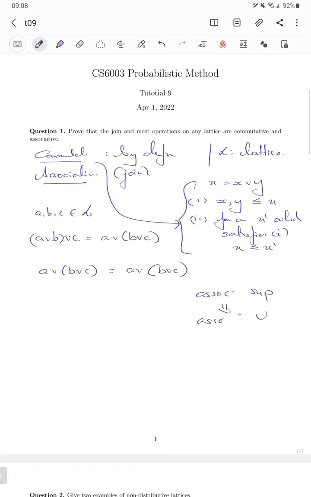But then, you know, this is the same operator, right? So you're not proving anything. Again, you know, do not confuse this with the usual supremum that you talk about functions and so on. You know, they can be interpreted in the same way. But, you know, unless we prove associativity of supremum, we are still at the same place, right?